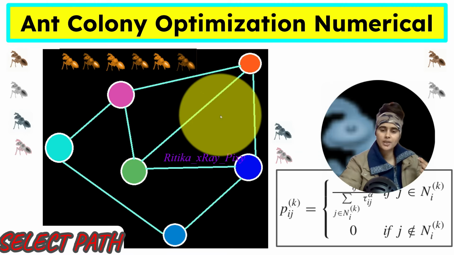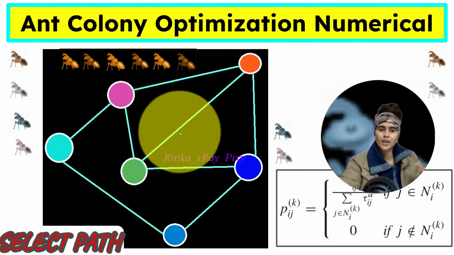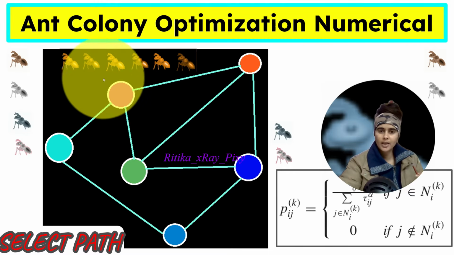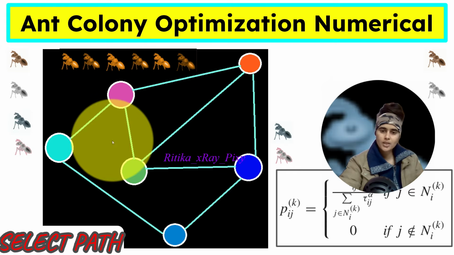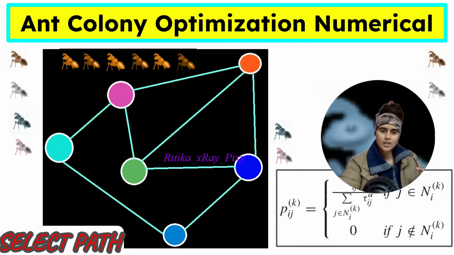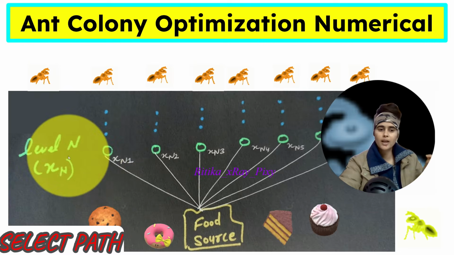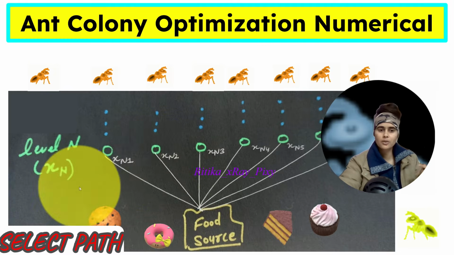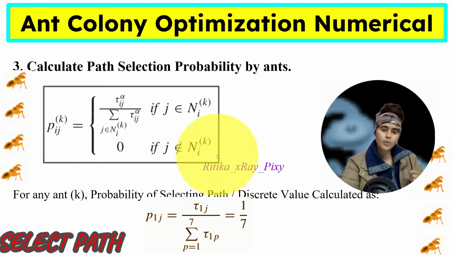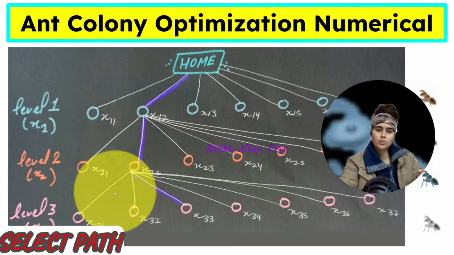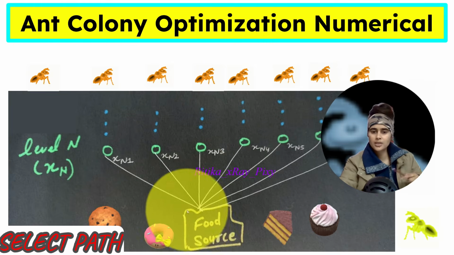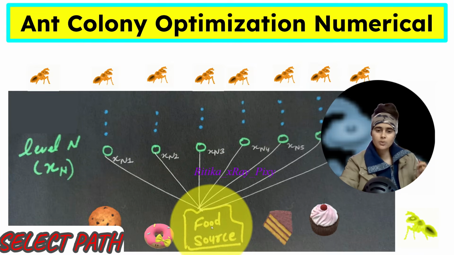For example, in the traveling salesman problem, we have n cities and we are using n ants to find the shortest possible route for the salesperson. So here you can see we have a number of nodes and a number of levels. We use this to prevent an ant from returning to the same path. So ants move from node to node until they reach the destination, that is the food source.